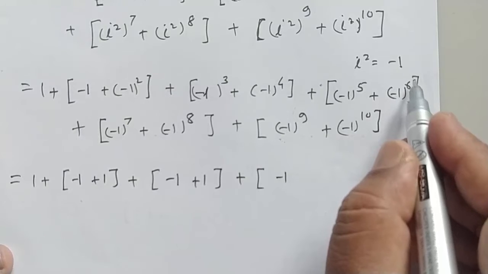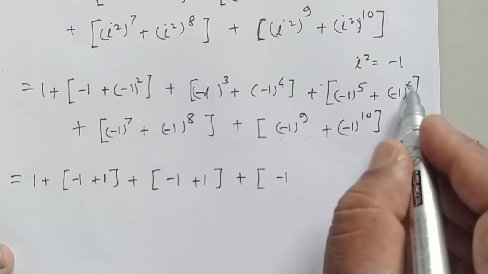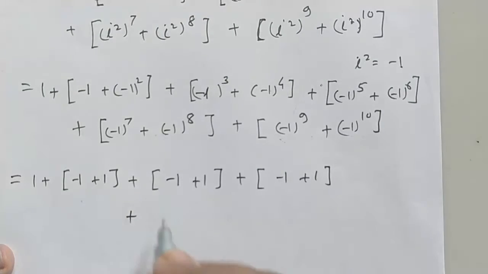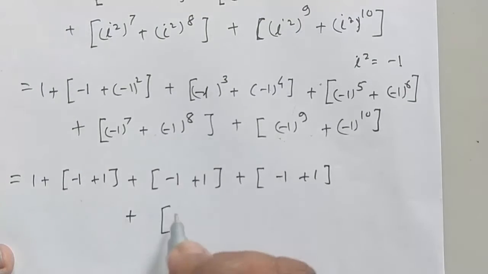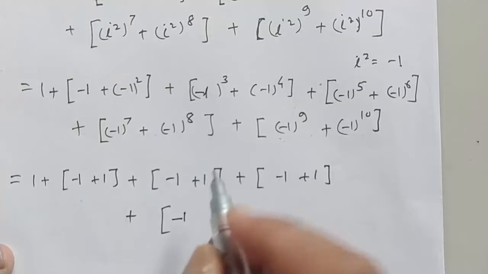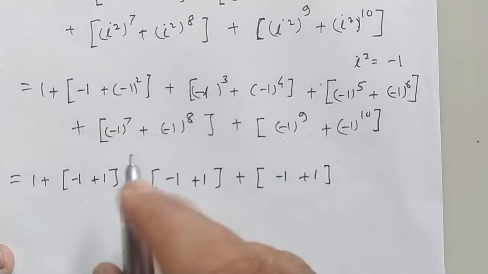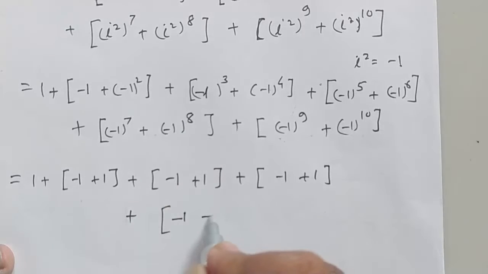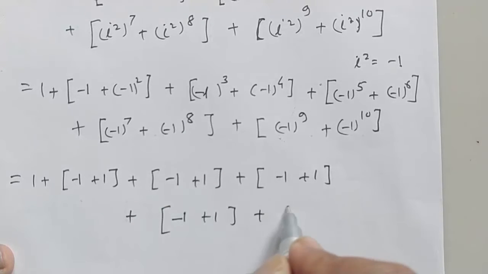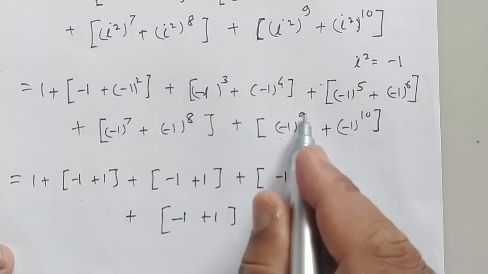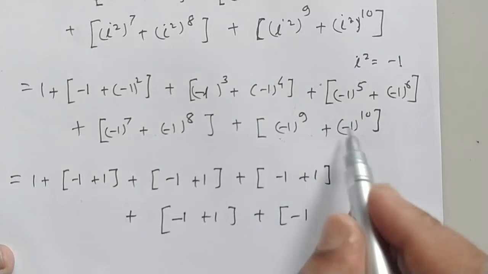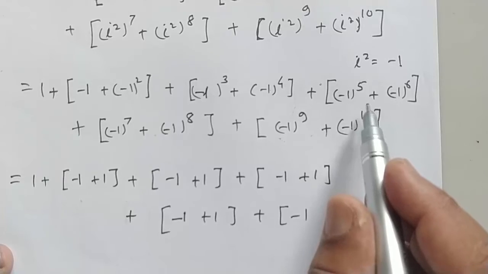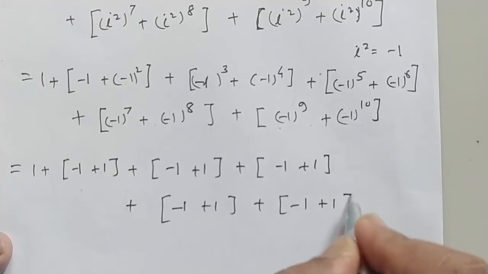Minus 1 raised to 6, index is even, so it is plus 1, plus minus 1 raised to 7 is minus 1 because index is odd. Here index is 8, so it is even, so it is plus 1, plus index 9 is an odd number, so minus 1. Minus 1 raised to 10, here index is again an even number, so it is plus 1.